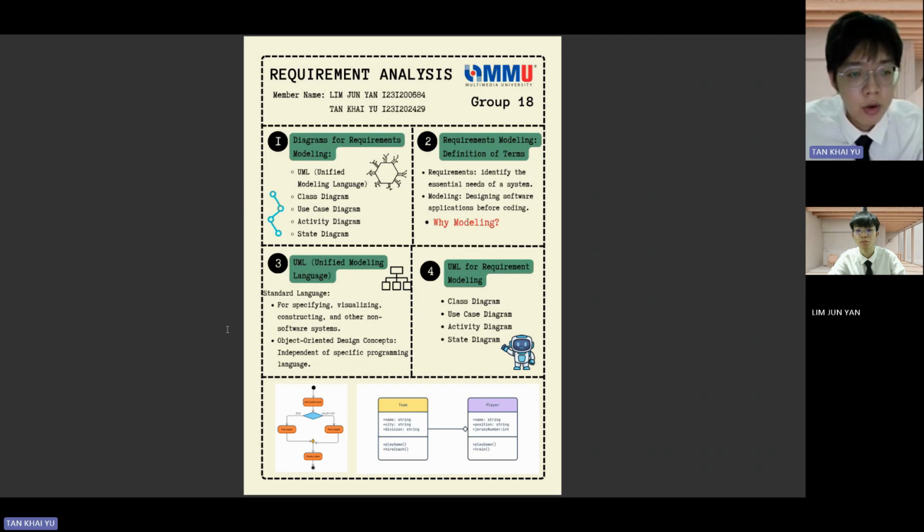Using UML to identify the requirements can be understood by all the stakeholders. This tends to minimize miscommunication and ensures that the eventual system is in relation to user requirements.